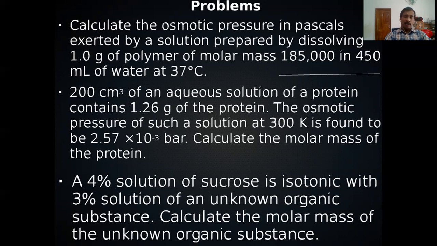Number of moles n is 1 by 1,85,000. R is 8.314 joule. T is 37 plus 273, approximately 310 Kelvin. Divided by volume, 450 into 10 raised to minus 6 meter cube.